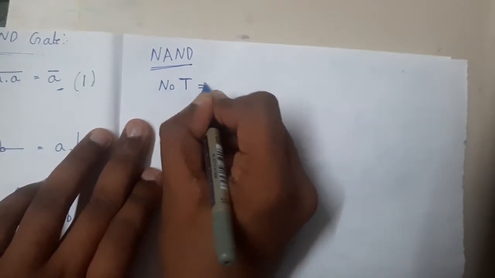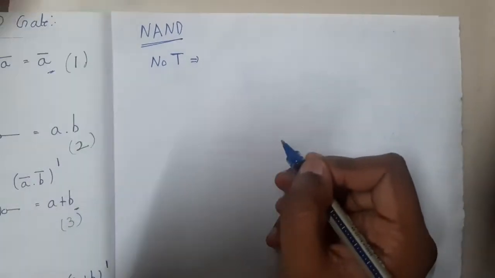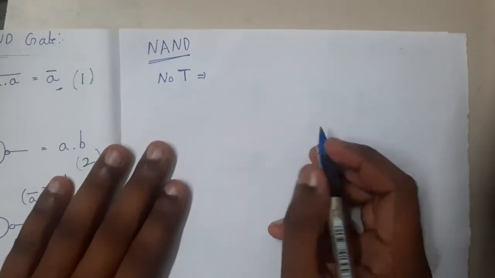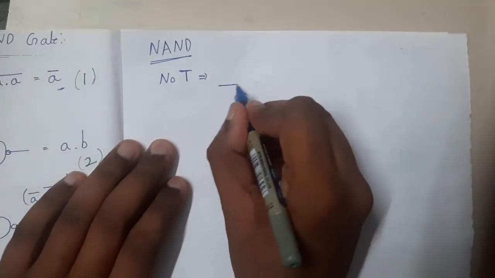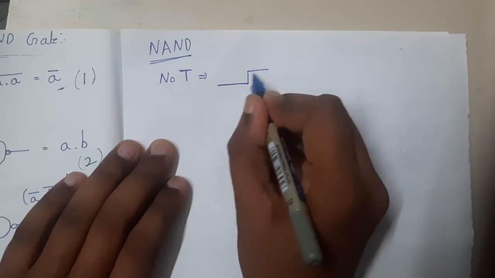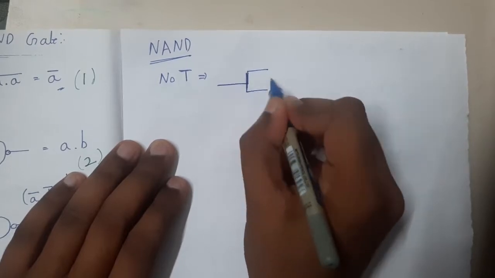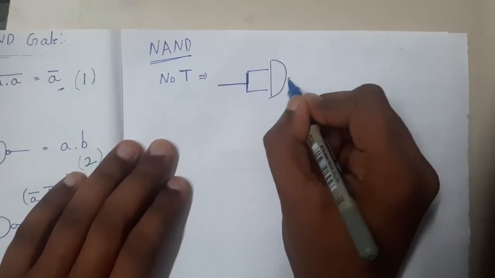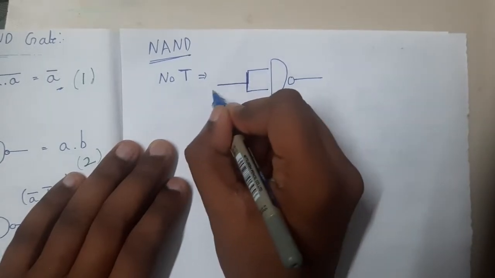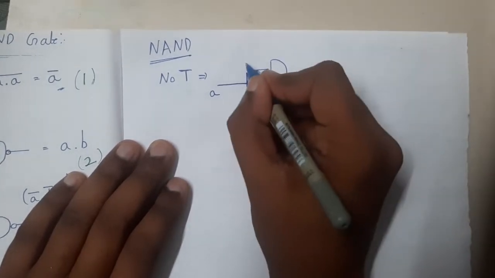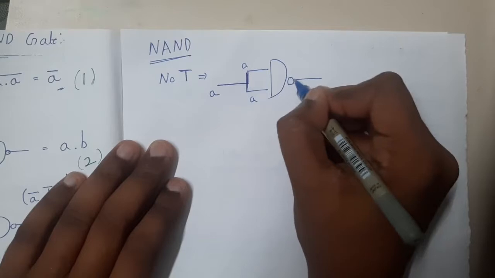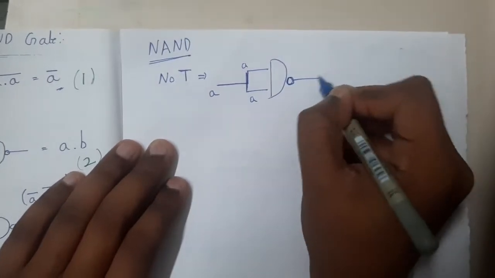So what exactly will NOT do, guys? What it will do is just the complement, right? Yes. So it will take a single input and it will do the complement, right? So you can draw it in this way. If I give A as an input, A will come here, A will come here, and here it will do the complement.